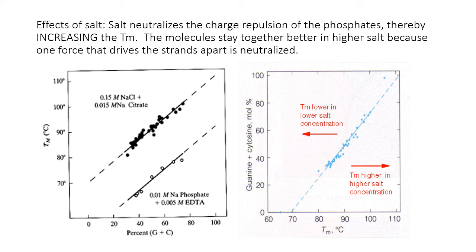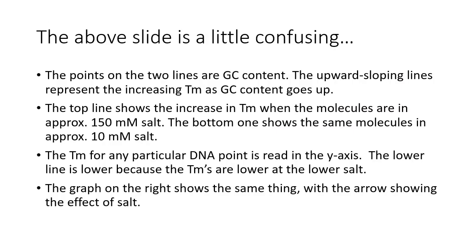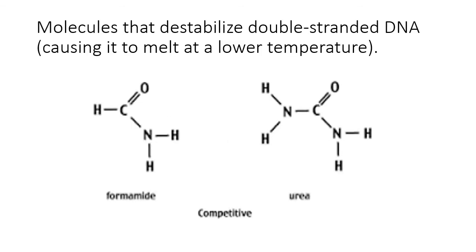So we have a shift from average melt temperature being, let's say, 85, down to an average melt of being, say, 70, as a result of the influence of salt. And the graph on the right basically illustrates that general idea that if the salt concentration is lower, the melting temperature will be lower. If the salt concentration is higher, the melting temperature will be higher. So this just says what I just said, I think.